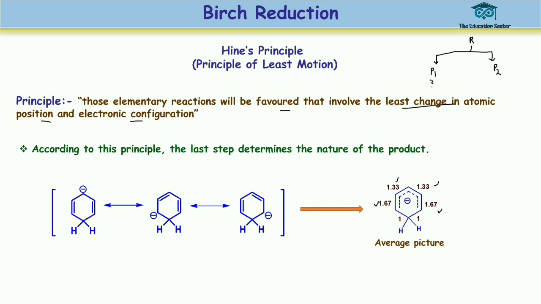So let us calculate one value, for example 1.67. This 1.67 is the average bond order of carbon 1 and carbon 2. In one canonical structure, the bond order between carbon 1 and carbon 2 is 2, in another canonical structure it is also 2, and in the last one it is 1.